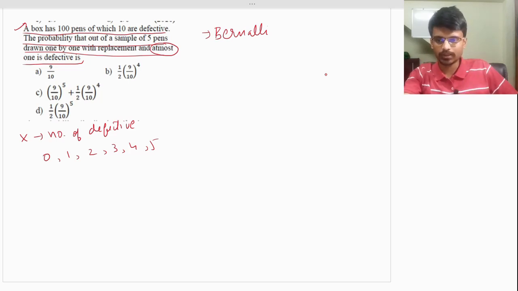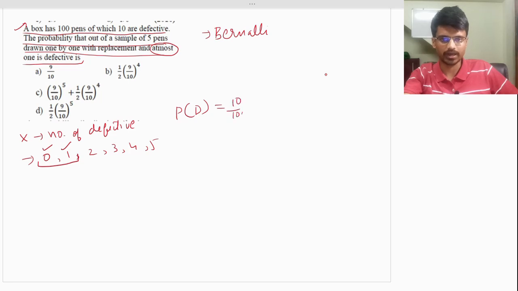That means either no defective pen is found, or a maximum of one defective is found. We have to only find for these two possibilities. So what is the probability that it is defective? There are 10 defective pens out of 100 pens, so it is 10 by 100, which is 1 by 10, and the probability of not defective is 90 by 100, which is 9 by 10, right?